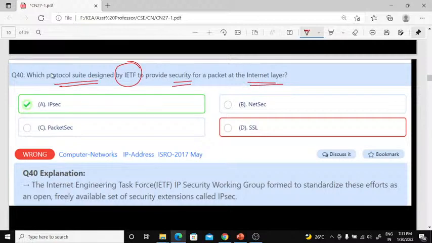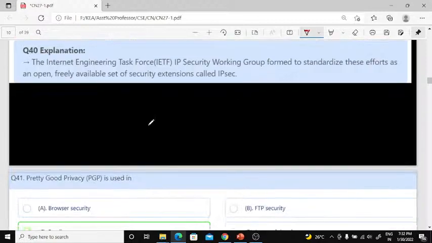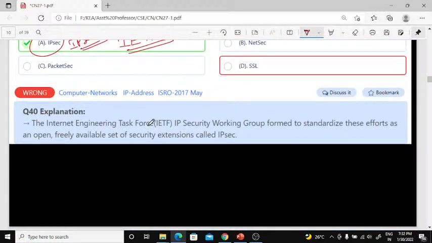The IETF, Internet Engineering Task Force, IP Security Working Group, developed an open, freely available set of security extensions called IP security, IPsec. The IP security protocol suite was designed by the Internet Engineering Task Force to provide security for packets at the internet layer.